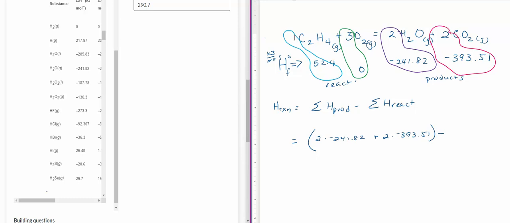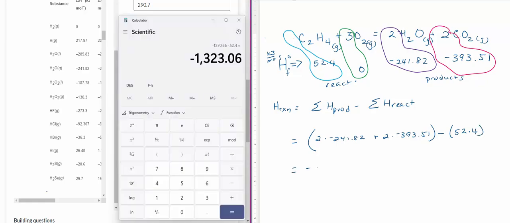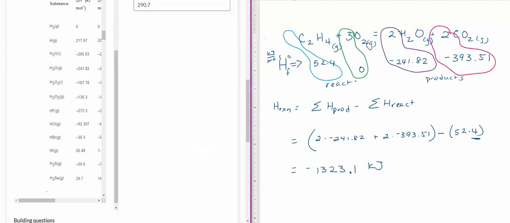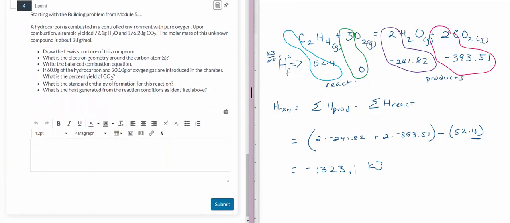I'm going to leave the 0 out just for brevity. So 1 times 52.4, and I perform that calculation, and I get a value of negative 1323. Looking at sig figs here, I would go to the tenths place. So negative 1323.1 kilojoules should be the standard enthalpy of formation.